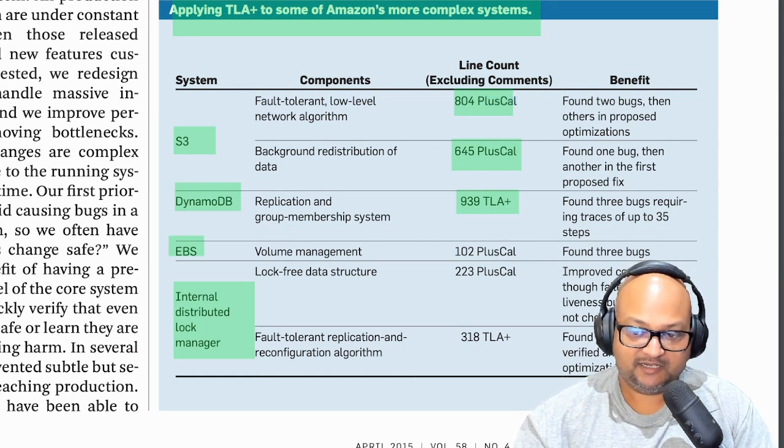As we can see, for their storage system S3, they were able to take some of the very core distributed system components and specify them in a pretty reasonable size specification. And as you can see in this table, in almost every case, they found very, very subtle bugs at the specification stage itself. These are all bugs that did not hit production.